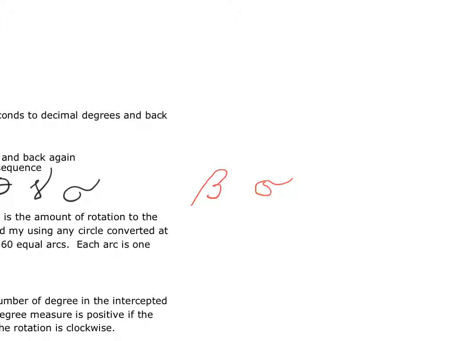Gamma kind of looks like a Y type thing. We'll use that one a lot, unfortunately. The one we do like to use is theta, because that's easy to draw. It's a circle with a bar. And the other one we like to use is alpha. Those are the ones that we typically use in trig, and when we see those, they represent an angle.